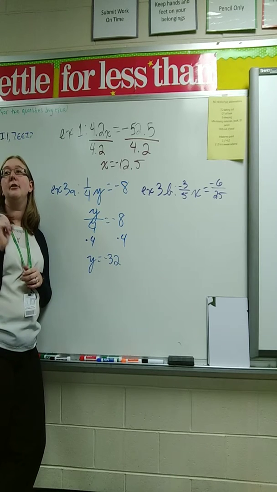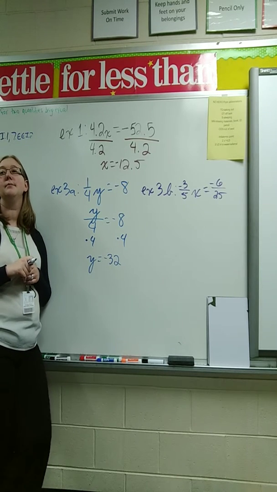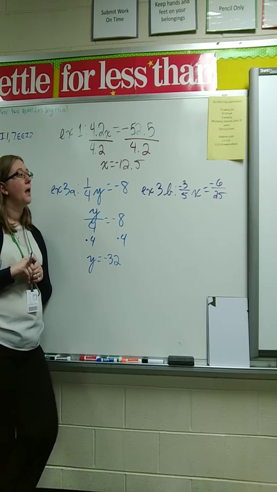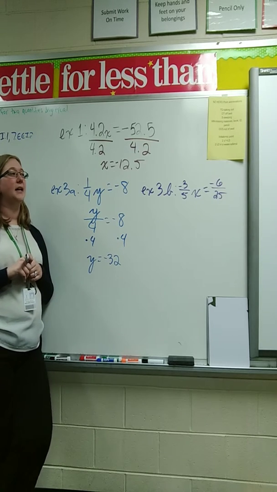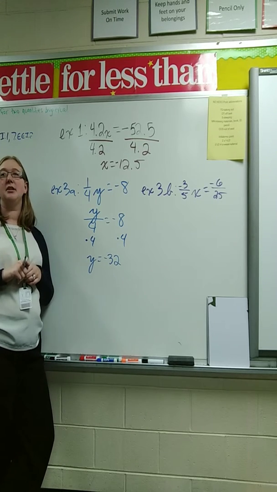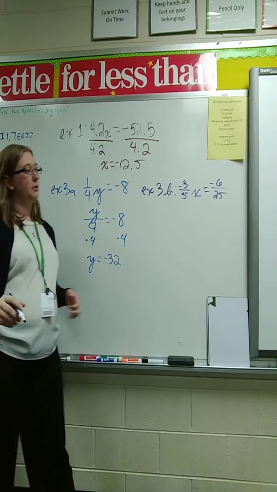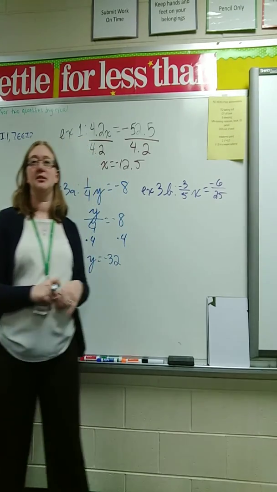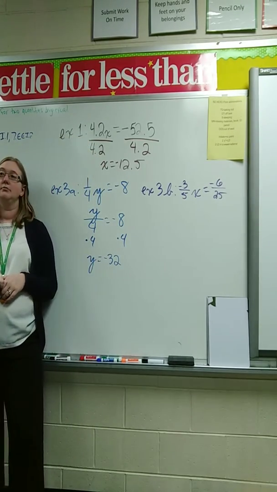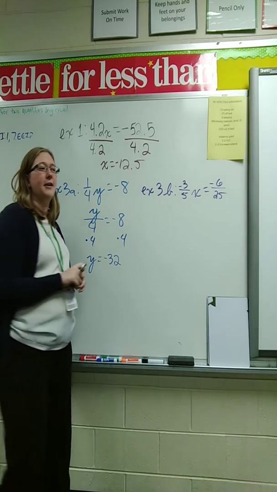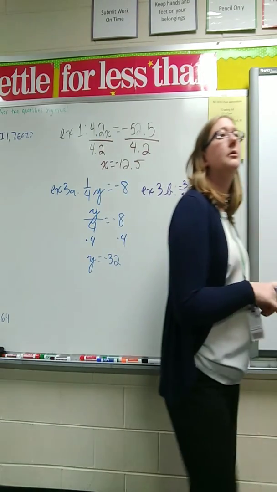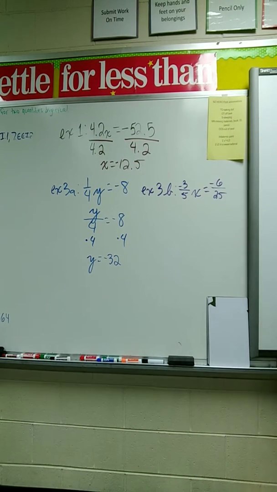There's actually two different ways that we can show our work for this. Option 1 says we use the fact that division is the opposite of multiplication, and we show that we divide both sides by negative 3/5. I could do that. When I divide by a fraction, what actually happens?